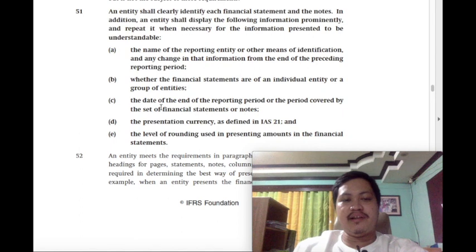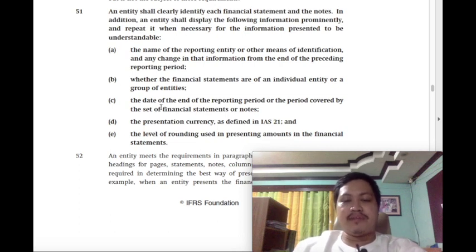Now for letter D and letter E, class, this will now explain why financial statements would state that the amounts are in thousands or in millions and the amounts are in Philippine peso. Because basically, those items comply with the requirement in paragraph 51, subparagraphs D and E. If your presentation currency is the Philippine peso, you have to constantly disclose that the amounts presented are in Philippine peso.